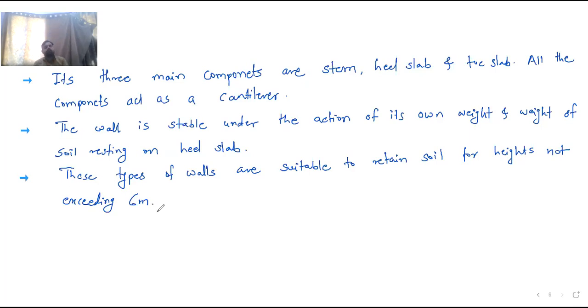Okay, so this may be a question in an MCQ: up to how many meters of height can a cantilever retaining wall be provided? So up to 6 meter.